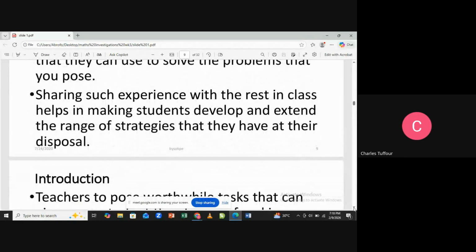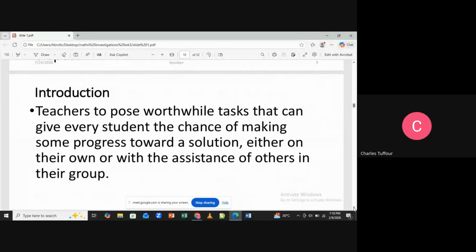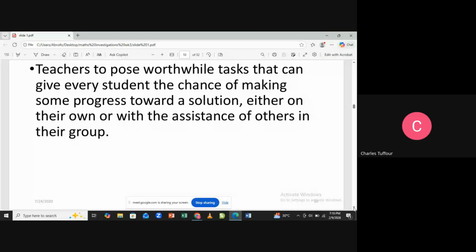Sharing such experience with the rest of the class helps students develop and extend the range of strategies they have at their disposal. Teachers should pose worthwhile tasks that give every student the chance of making some progress toward a solution, either on their own or with the assistance of others in their group.